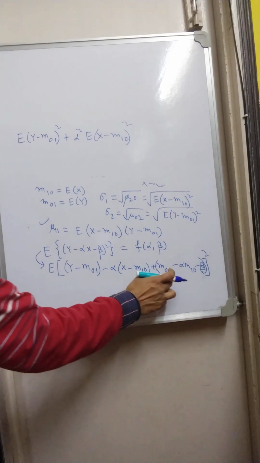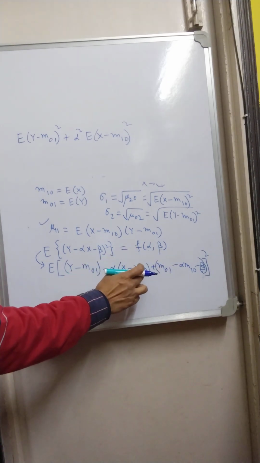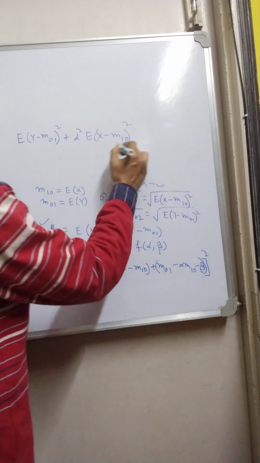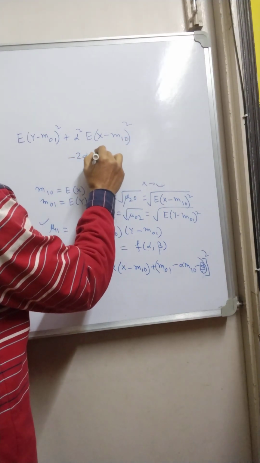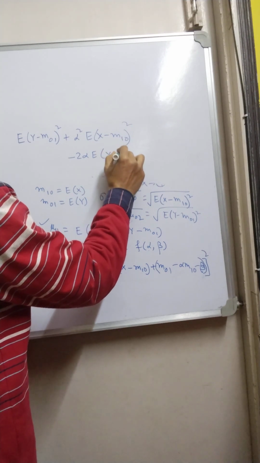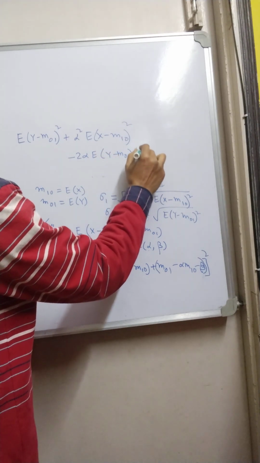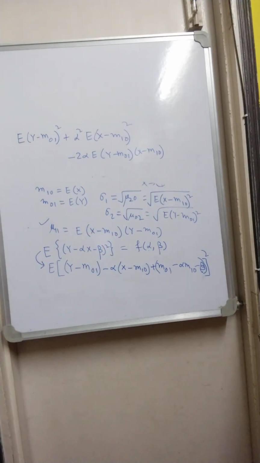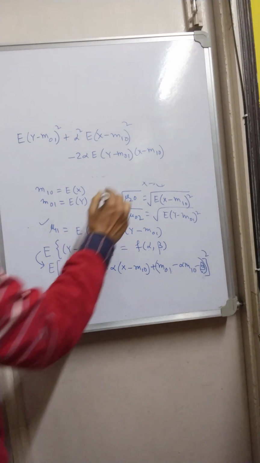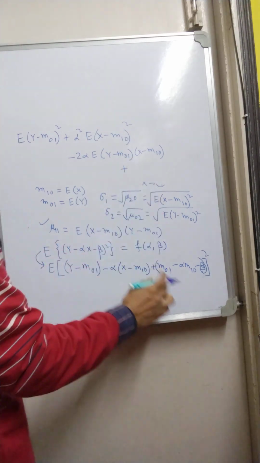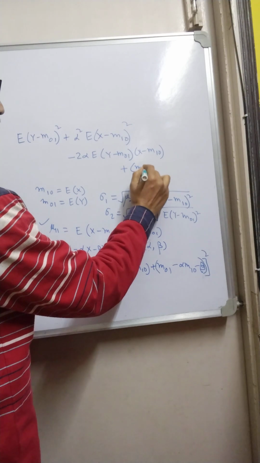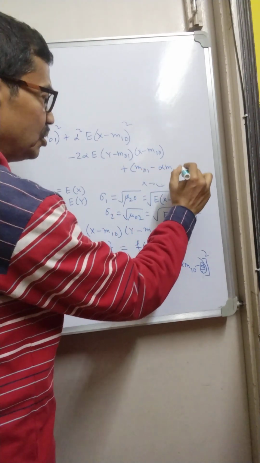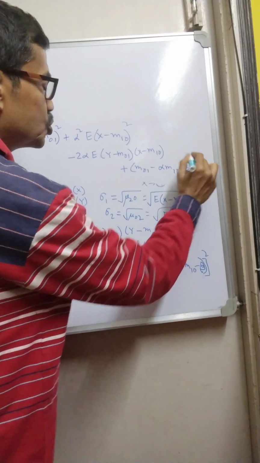Then we have the 2ab term, this and this, which will give us minus 2 alpha expectation of y minus m01 and x minus m10. Fine. And then we have obviously this term only, m01 minus alpha m10 minus beta whole square.